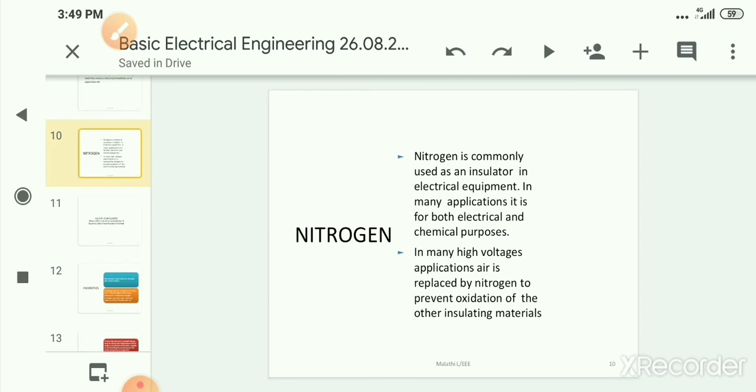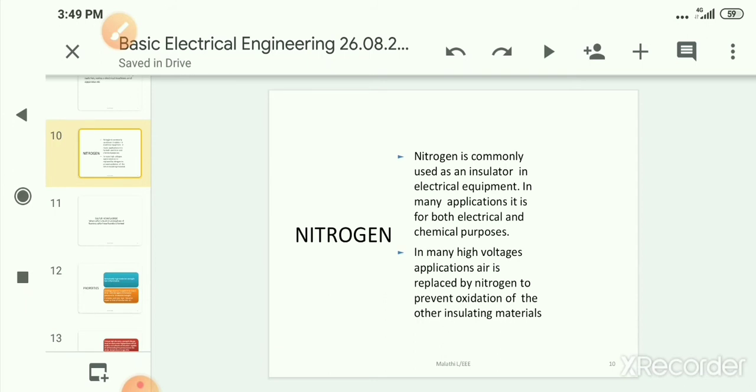It is used in oil filled transformers to prevent oxidation of the liquid insulator. What is the liquid insulator used in the transformer? Mineral oil. So nitrogen is used to prevent oxidation of the mineral oil, thereby preventing formation of sludges.